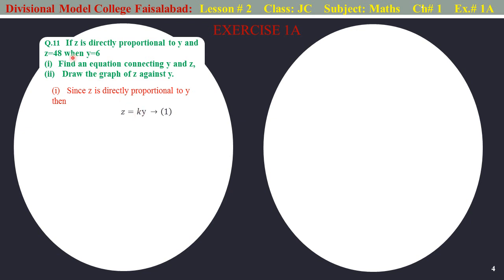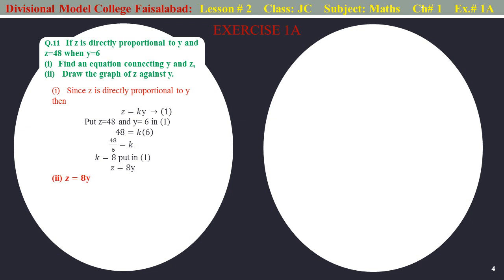Now we will put these values of y and z in equation number 1, and solving this we will get the value of k. The value of k is equal to 8. We will put this value of k in equation number 1 to get the required answer of part 1. z is equal to 8y is the required equation connecting y and z. So this is part 1, which is simple as we have done in the previous question.